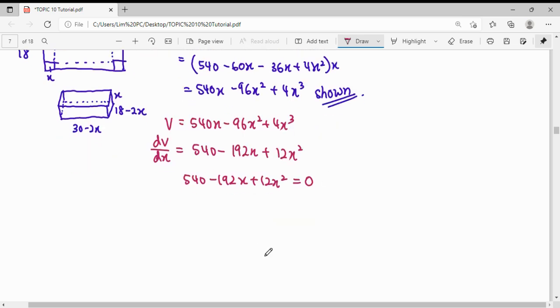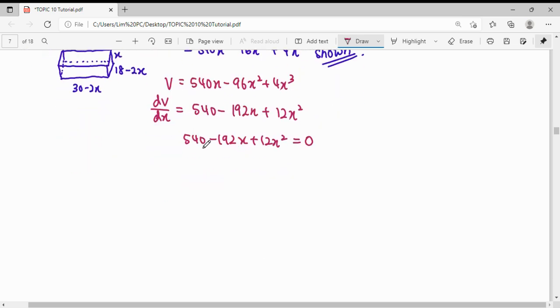So we let it equal 0, and we simplify our quadratic here. This quadratic can be simplified by 12. It will give us x squared minus 16x, and then we rearrange the quadratic to help us factorize. You will notice that we cannot factorize this quadratic, so we can use another method.